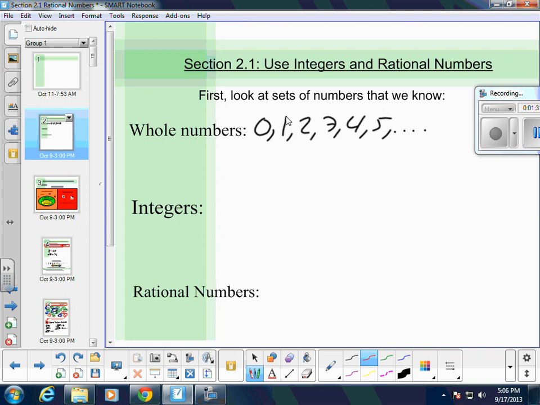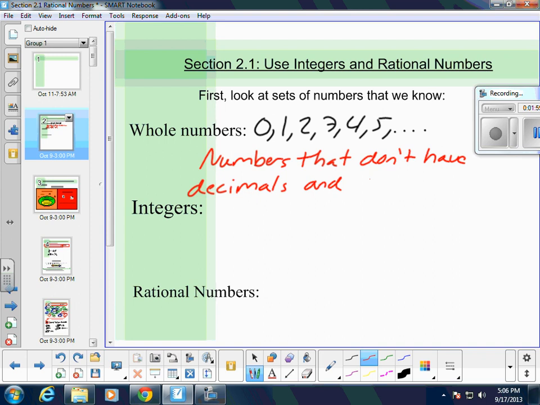We'll often make little definitions during this lesson. I'll ask the students to make them, but the one we come up with most often is numbers that don't have decimals and are positive.